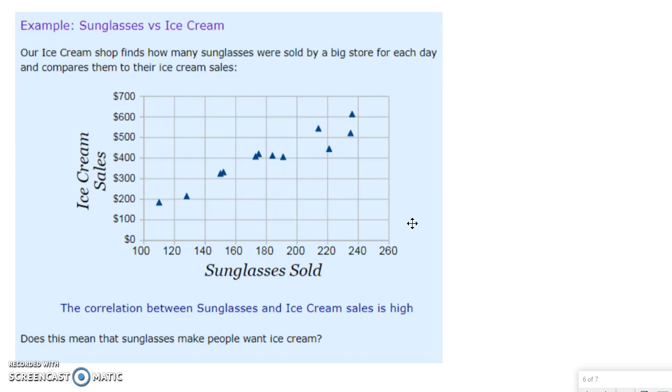Okay, so the correlation between these is high, but does that mean that sunglasses make people want ice cream? Well, in general, no. What it means is that they are correlated. You can see that they almost form a line, but it is not a causation because the number of sunglasses sold does not make people buy ice cream.